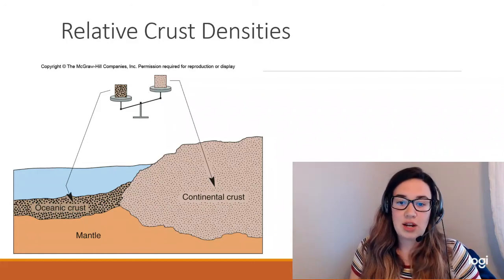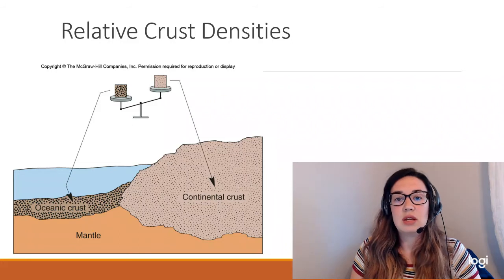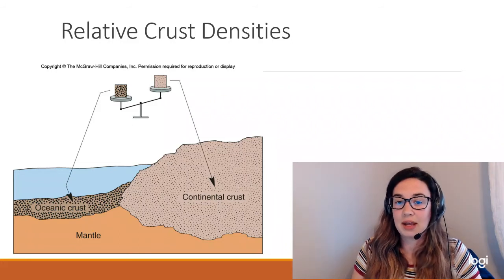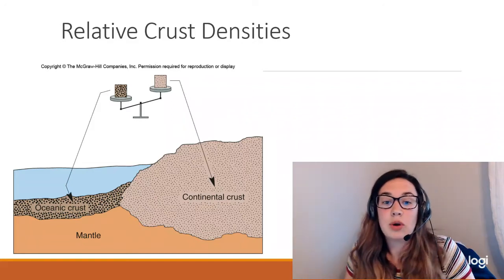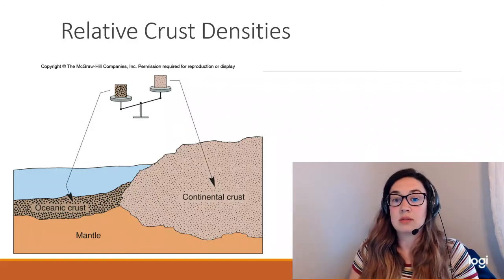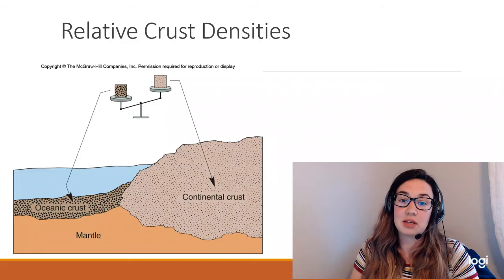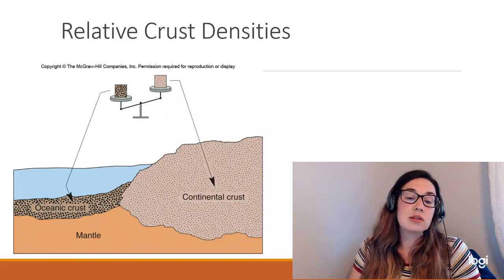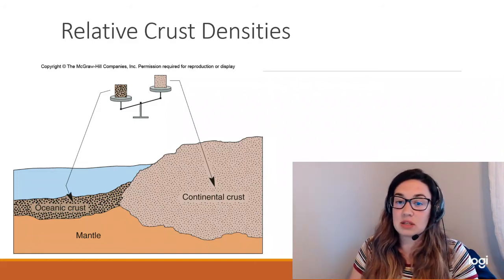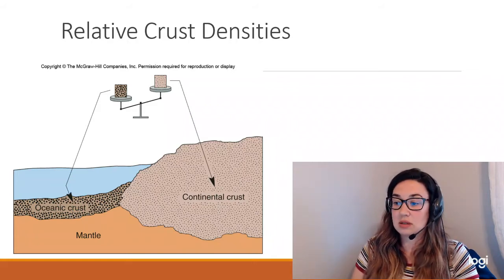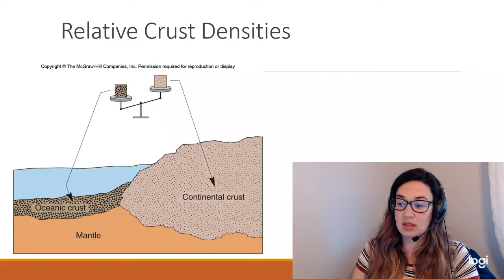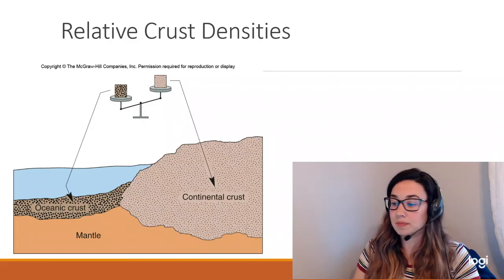So you have the oceanic crust, the continental crust. You can see that this little weigh scale here above me is showing you that the oceanic crust is much denser than the continental crust. So this image is just showing you that the density of oceanic crust is more than that of the continental crust.